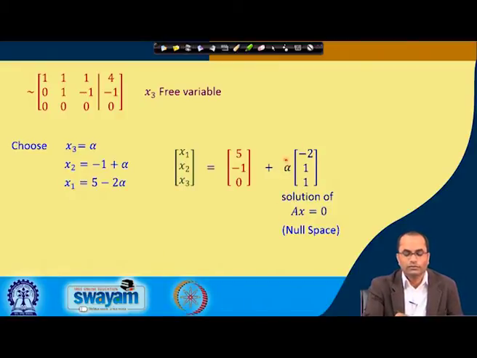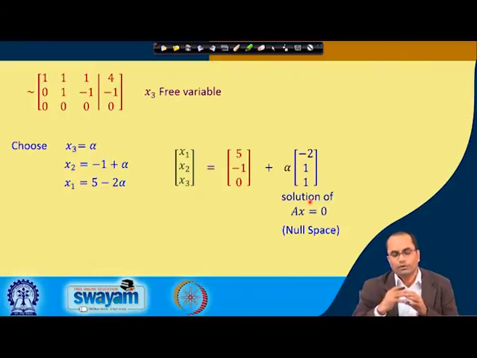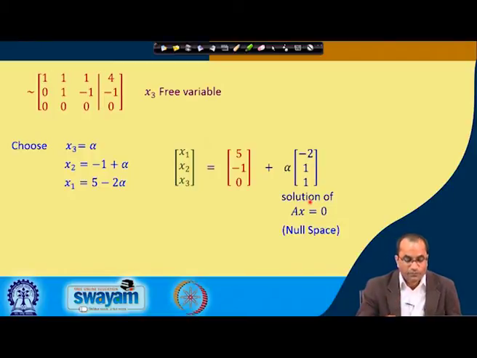There are so many solutions here, for each alpha you take 1, 2, 1.5, anything. That is exactly the solution of Ax equals 0, which is called the null space of A. The null space is nothing but all the solutions of Ax equals 0 together.